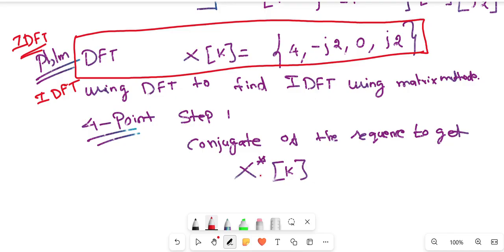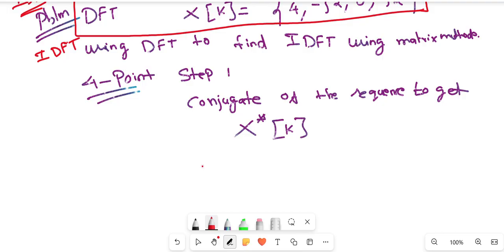Take the complex conjugate. Taking the complex conjugate, 4 minus j2 will become 4 plus j2, 0 stays 0, plus j2 becomes minus j2. These are the complex conjugate terms.